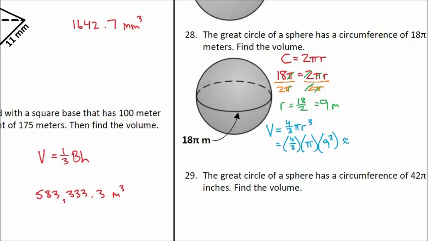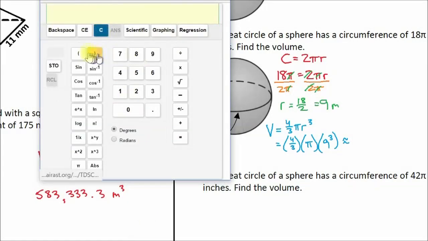I'll do that right now, and you should get 4 divided by 3. I'm going to put the multiplication sign in there just to show you it works both ways, times pi and times 9 raised to the 3rd power, and press equal. We've got 98,479. You know what? That does not look correct.